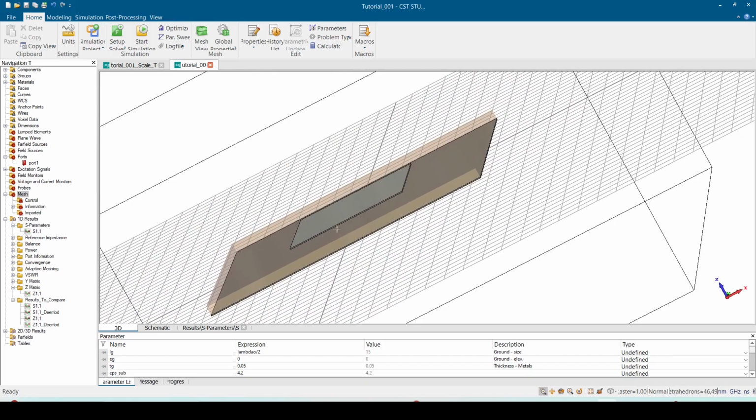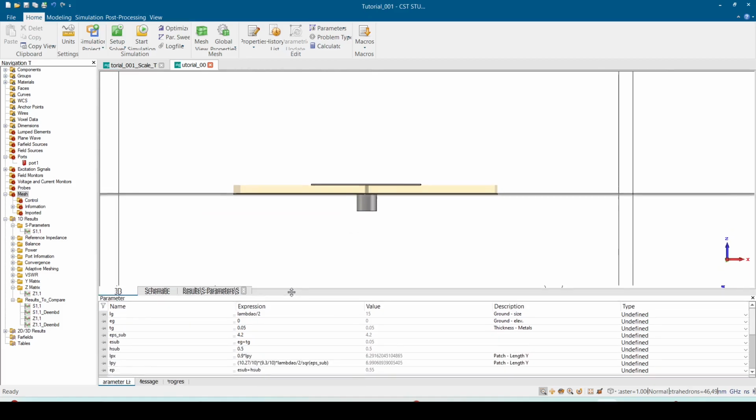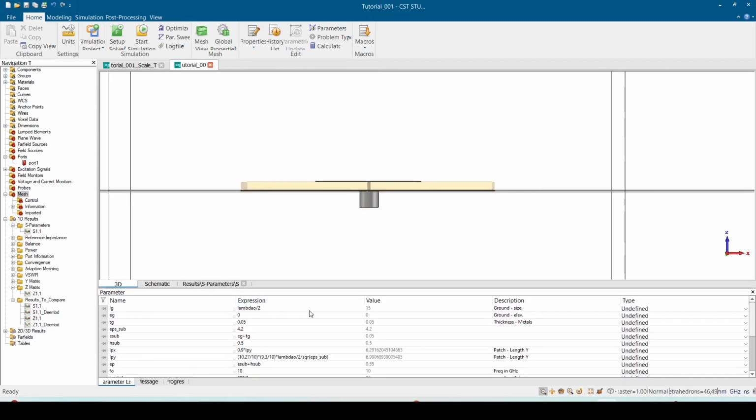So this is the antenna, and for convenience we usually connect everything to the dimensions. For example, we define LPY, the length of the patch, and I connect the widths to it, and even the location of the feeding, like XF and YF, is also some ratio of the side length, this LPY, okay?